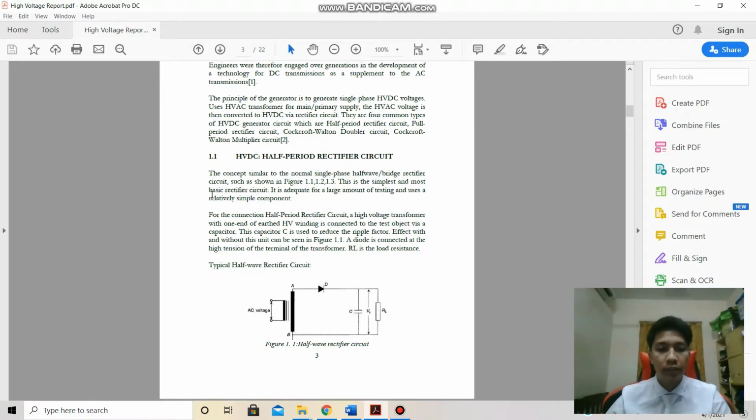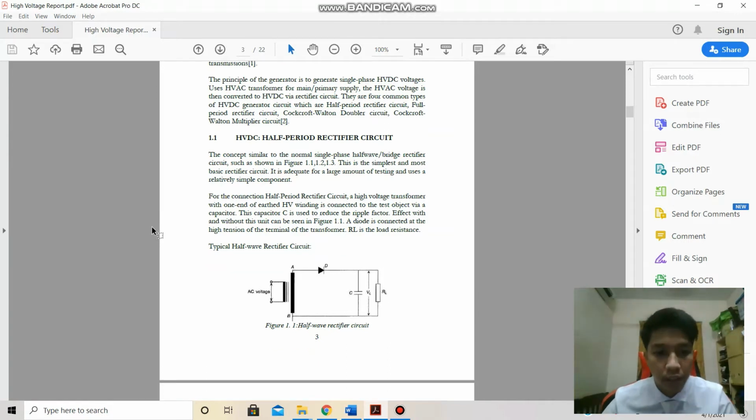Okay, the concept is similar to the normal single phase half wave or bridge rectifier circuit, as you can see in the figure. This is a simple and the most basic rectifier circuit. It is equipped for a large amount of testing and uses relatively simple components.